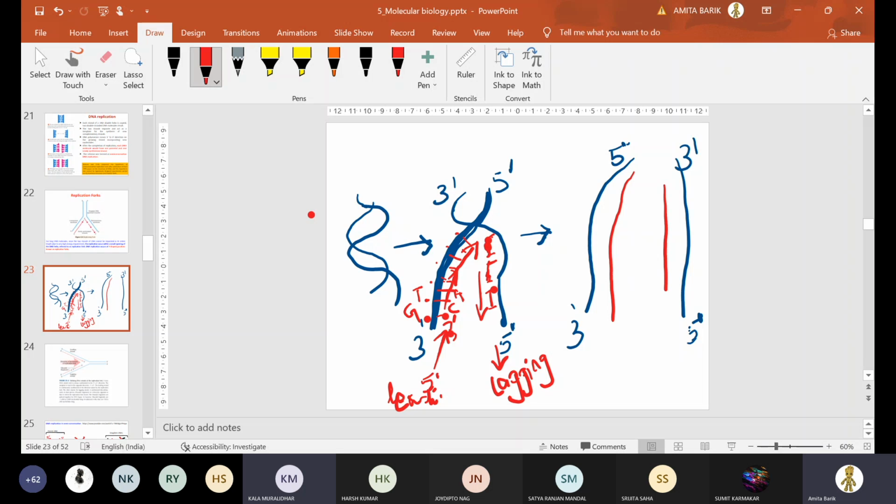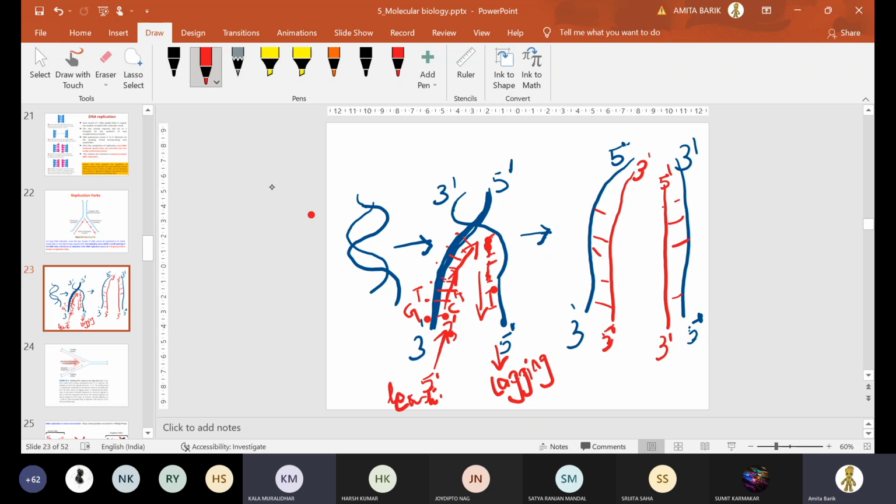So this is 5' to 3', and similarly here 5' to 3', and then the bases are being found within the different nucleotides, ATGC and all that.